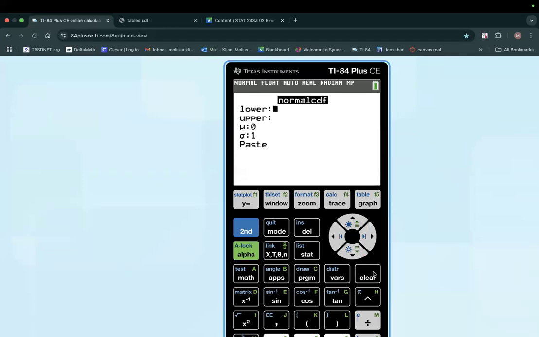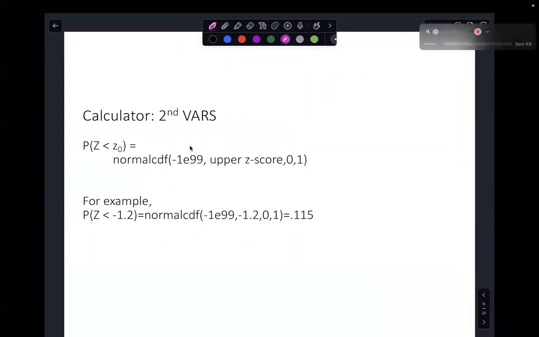So what we do when it's less than or equal to is, I'm going to show you this again, it says negative 1E99. Basically this is negative 1 times 10 to the 99th power. So this is a very, very, very small number. This number is super far negative.